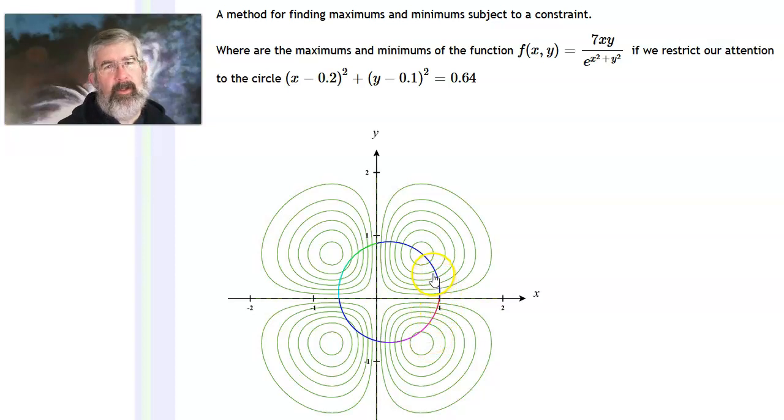I know I'm going uphill, right? And then over here, I'm going downhill. But there was a spot there where I happened to maybe get to the top of the hill. I don't know exactly. But here, I'm going downhill, and then I'm going uphill. And there was a place right in here where I'm doing neither.